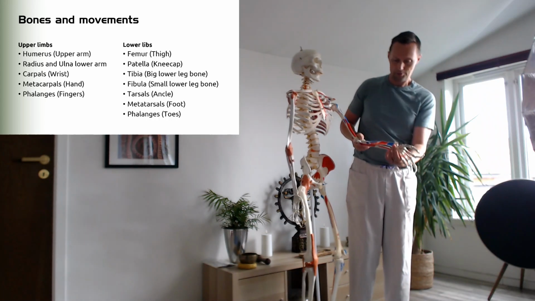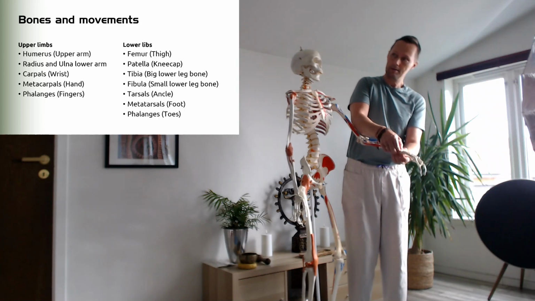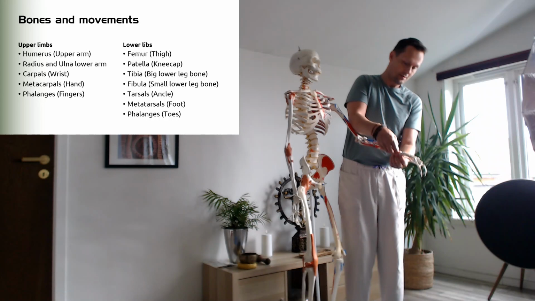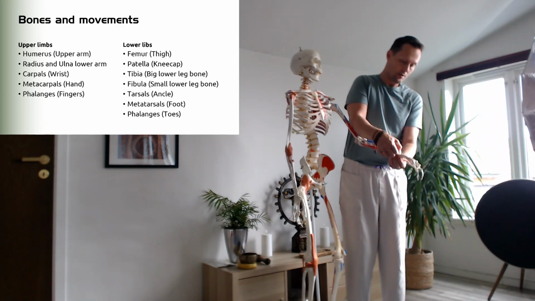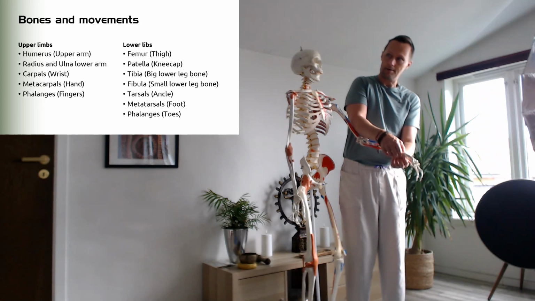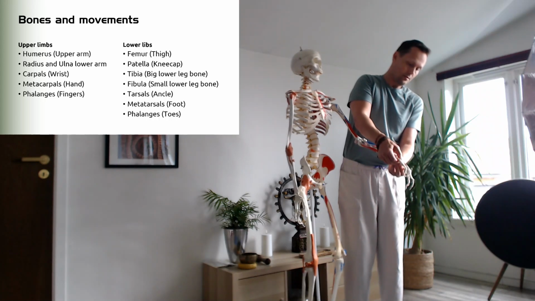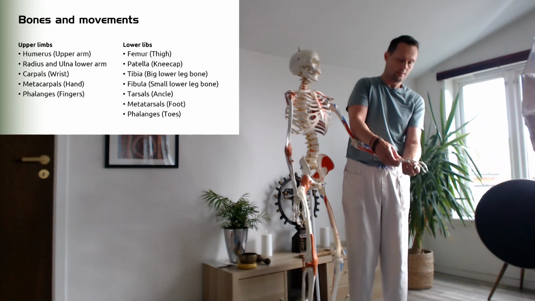And then if we go further down, we have the carpals, sorry. That is the wrist joint. And then under there we have the metacarpals, which is the upper bone of the hand.